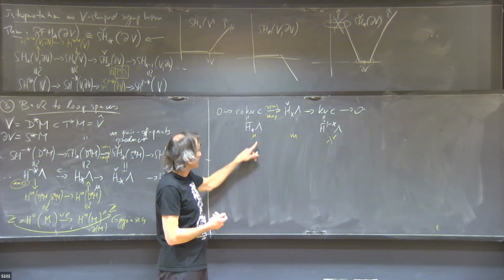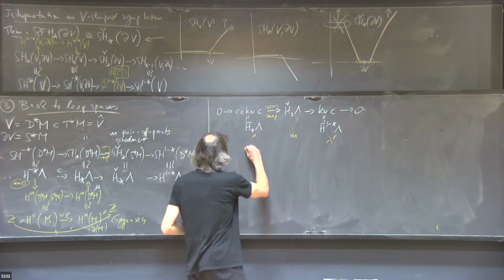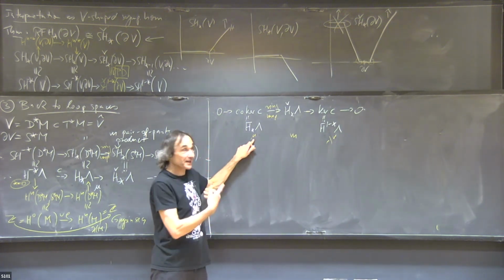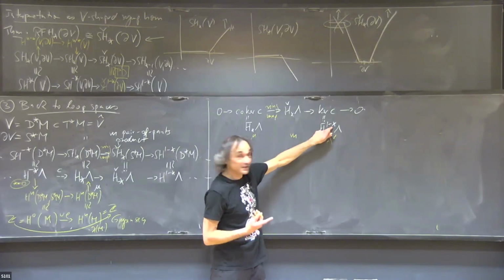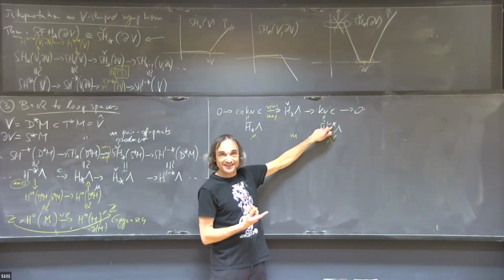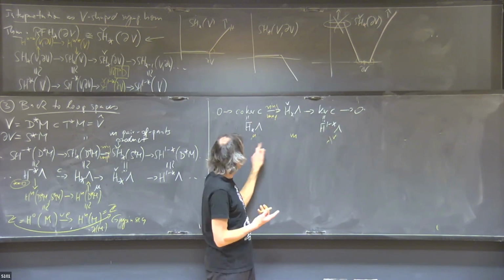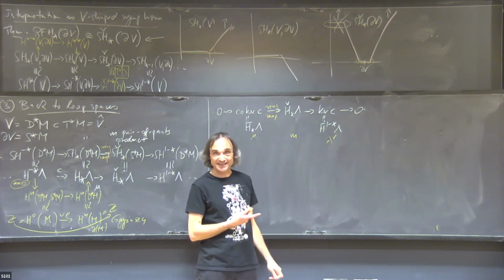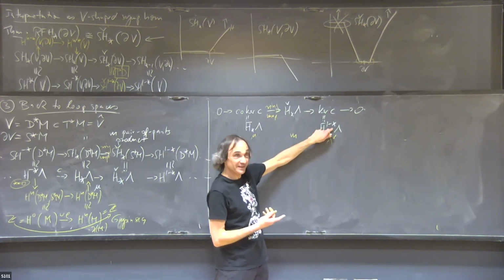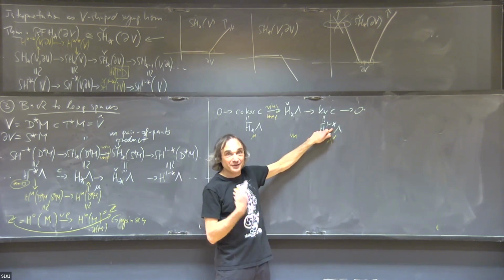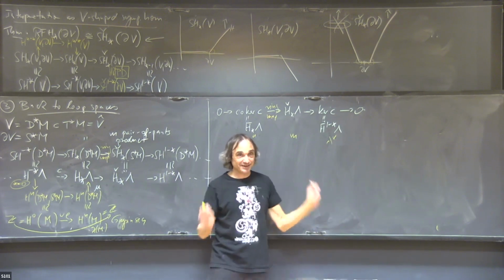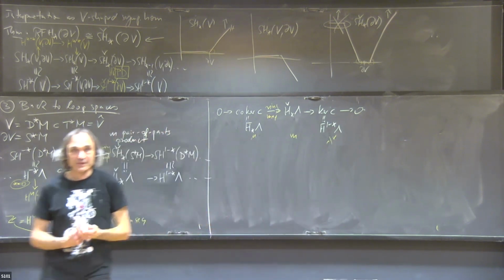Also note this had degree minus n, this had degree 1 minus n. But we have a degree shift here by 1, so it precisely compensates. So all these have the same degree now, if you do the degree shift here, which somehow comes naturally out of the exact sequence. So it all looks right. It just wants to be true, and it is.